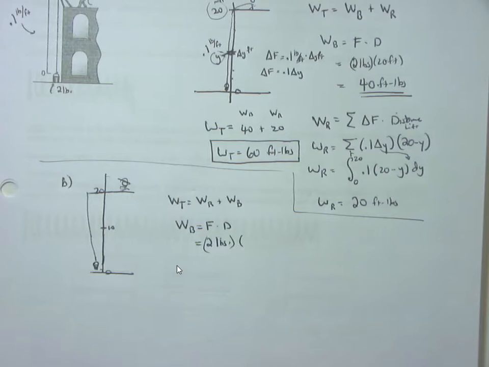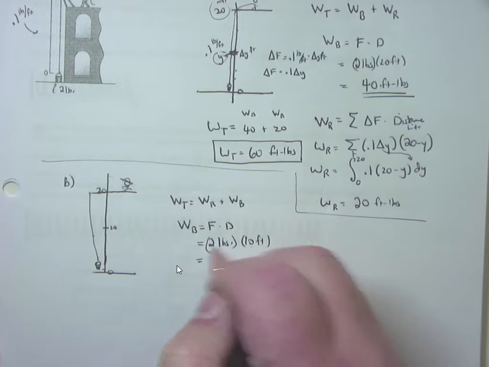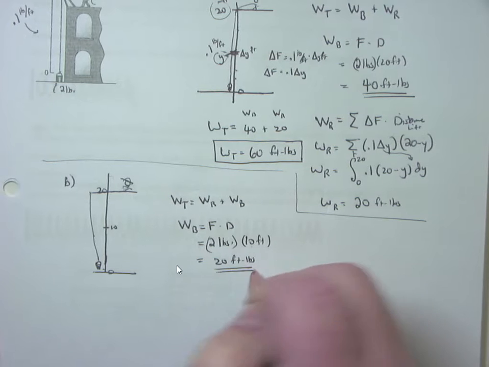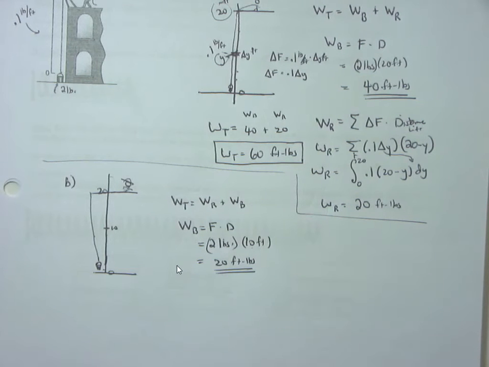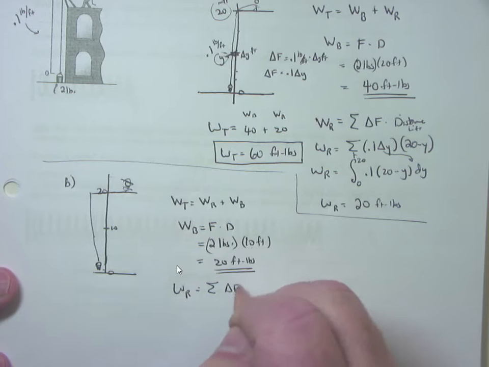We're going to lift it halfway up, and how far is that? 10 feet. So this is 2 times 10, which is 20 foot-pounds. Does that make sense? But look at it from a calculus perspective on the rope. Work on the rope is that sum of the delta force times distance that you got to lift.